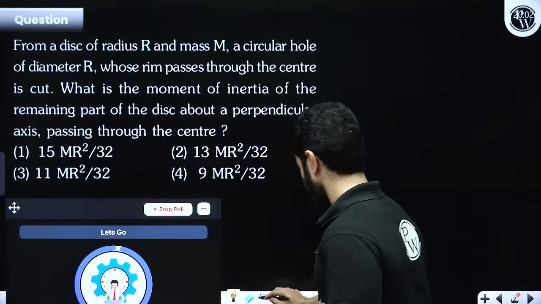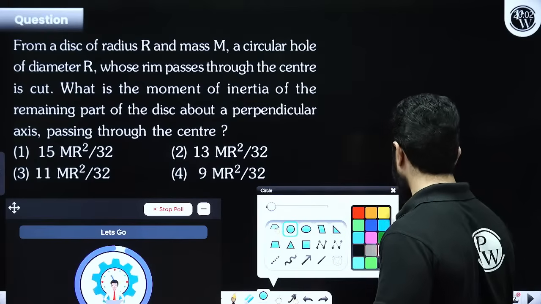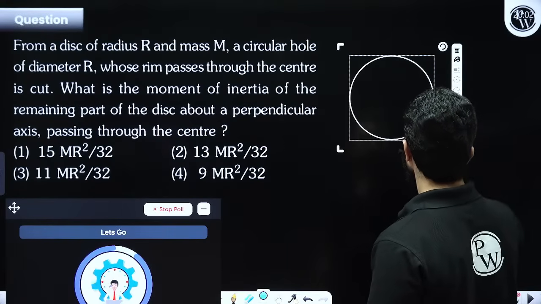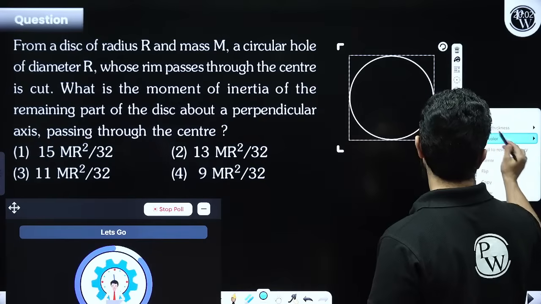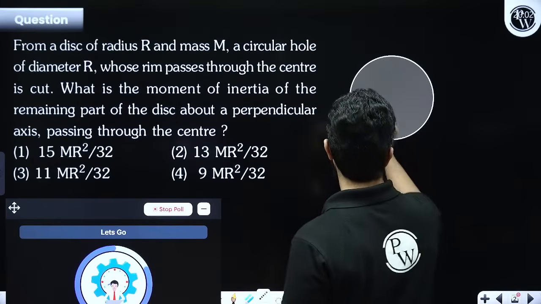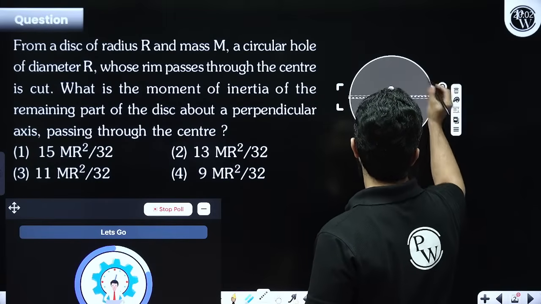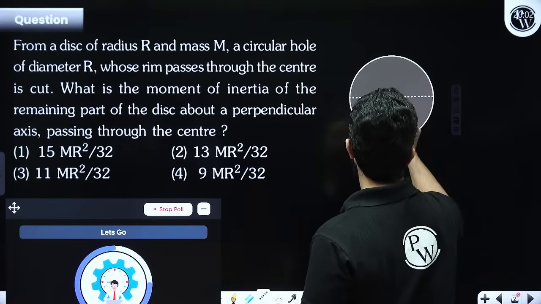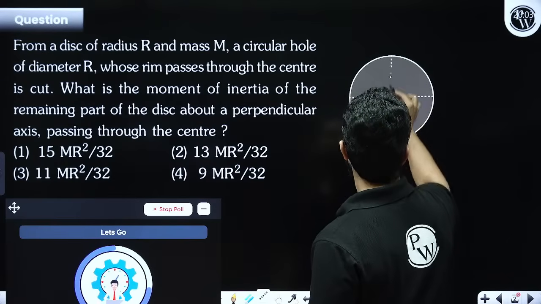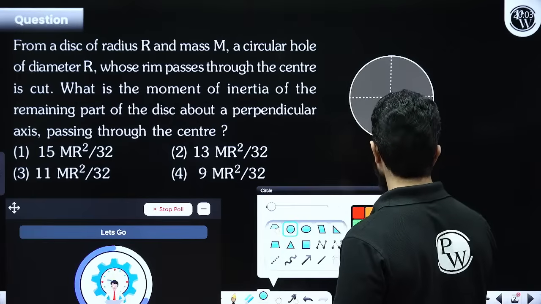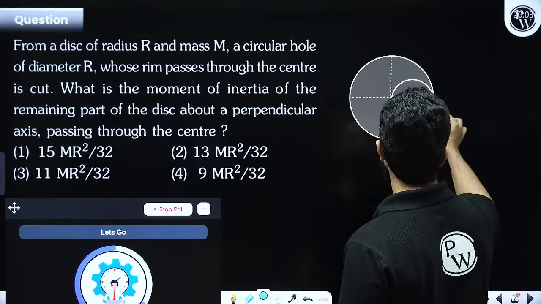And simultaneously, I'll be drawing the diagram for you. They are saying that we have got a disk like this, and we have got another disk. We have actually cut out another disk somewhat like this.